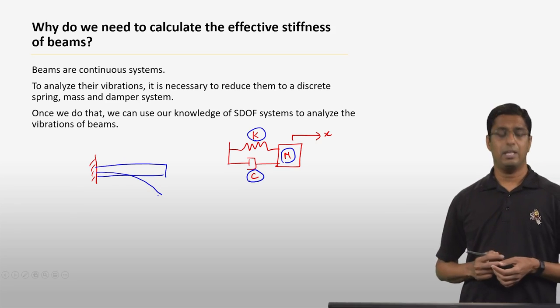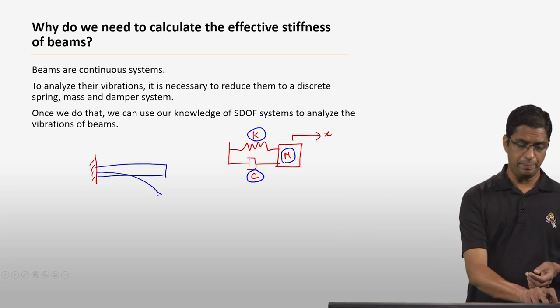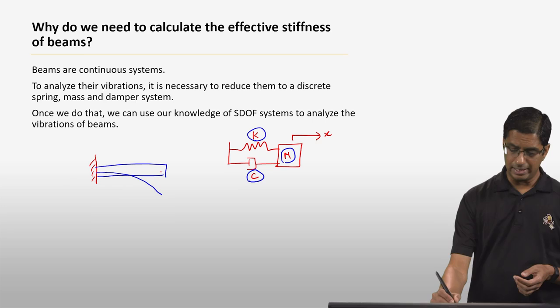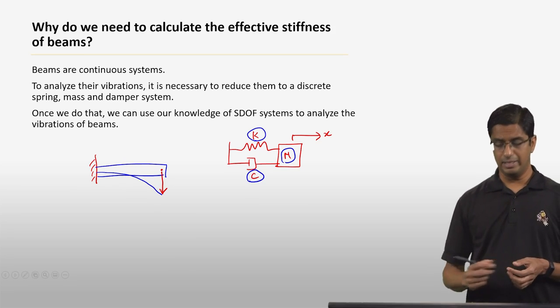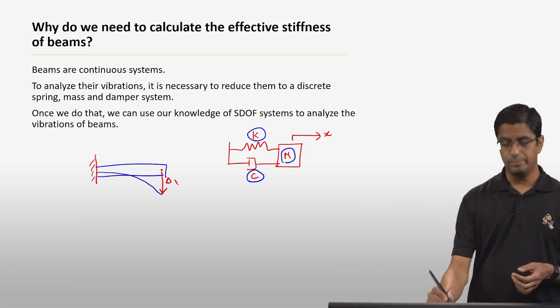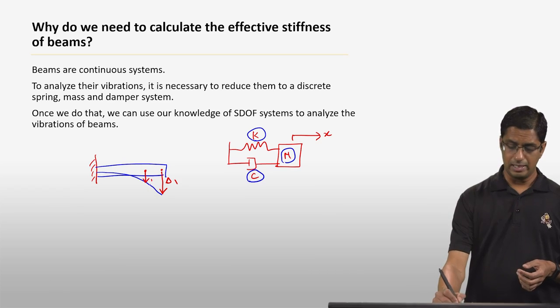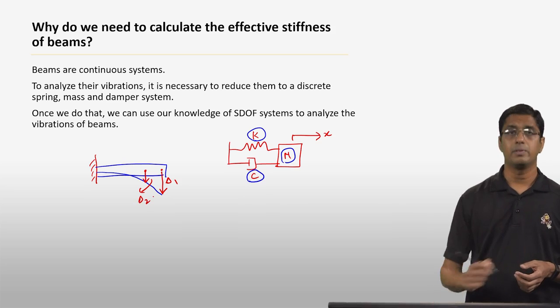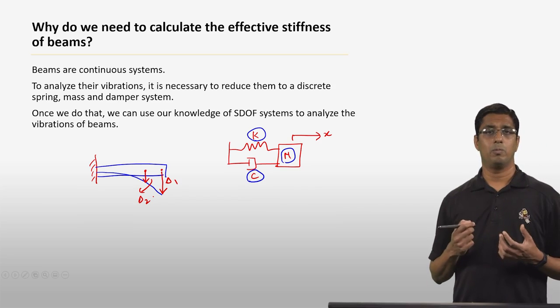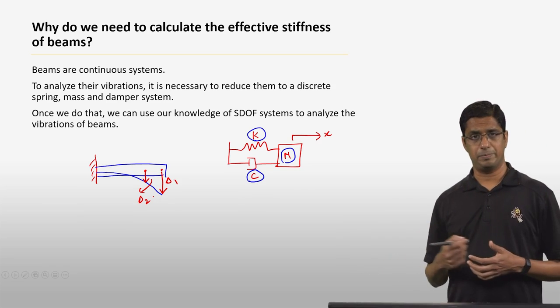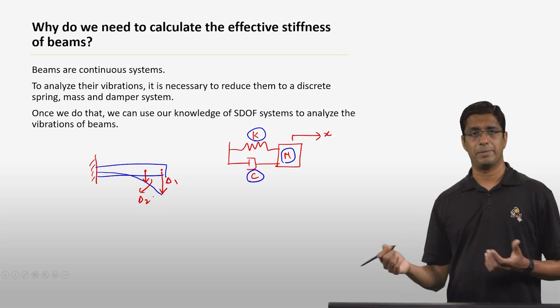If you look at a point here, the displacement of that point is, say, delta 1. On the other hand, if you look at a point here, the deflection of that point is something else, delta 2. Now, what do you call the deformation or the displacement of this beam?